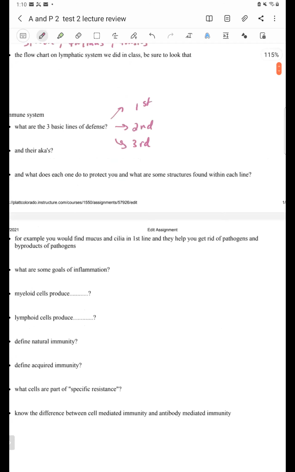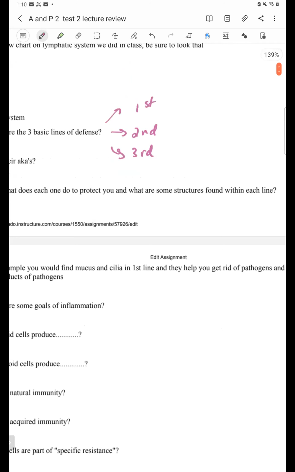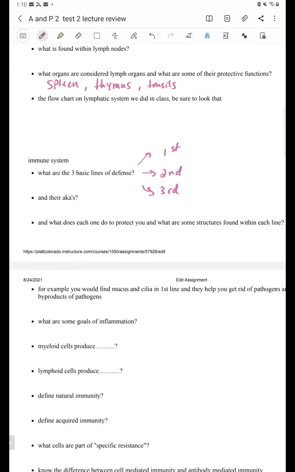Okay, so the immune system, the three lines of defense. There's first, second, third line. What are the AKAs for this, and what does each one do to protect you? First line is stuff you're born with, like your skin, saliva, the ability to cough and sneeze and vomit.